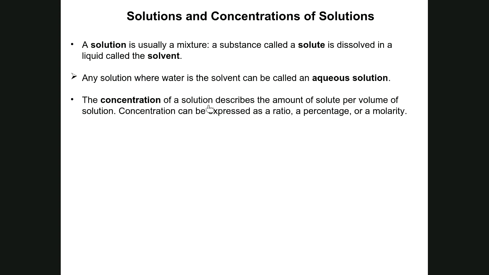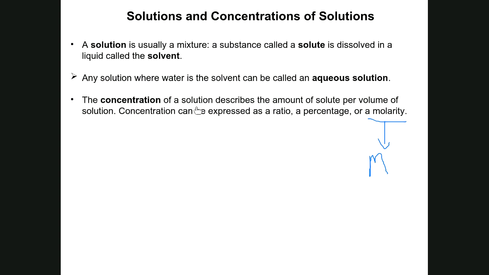The concentration of a solution describes the amount of solute per volume of solution, as I said before. Concentration can be expressed as a ratio, a percentage, or molarity, but listen carefully. And I'm going to show you this on the next page too, so I'm going to do it twice. Molarity is a unit of measurement representing concentration of a solution.